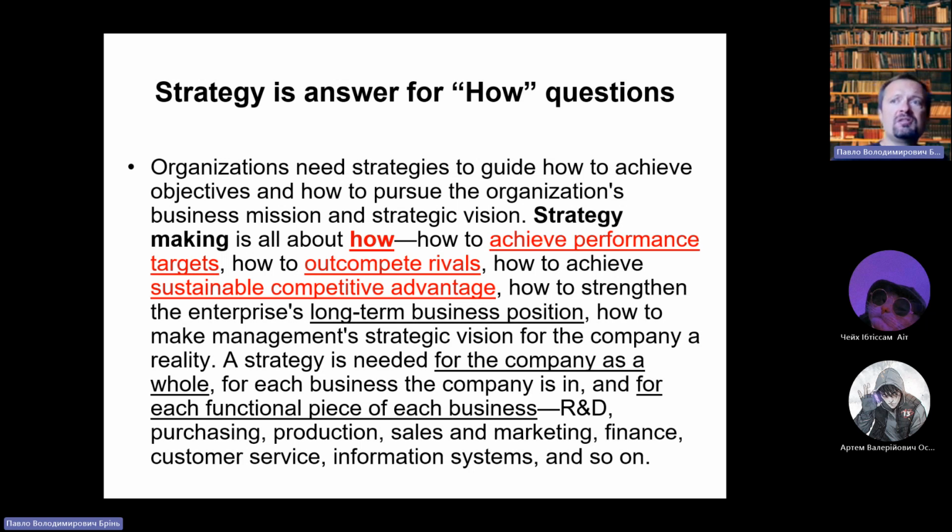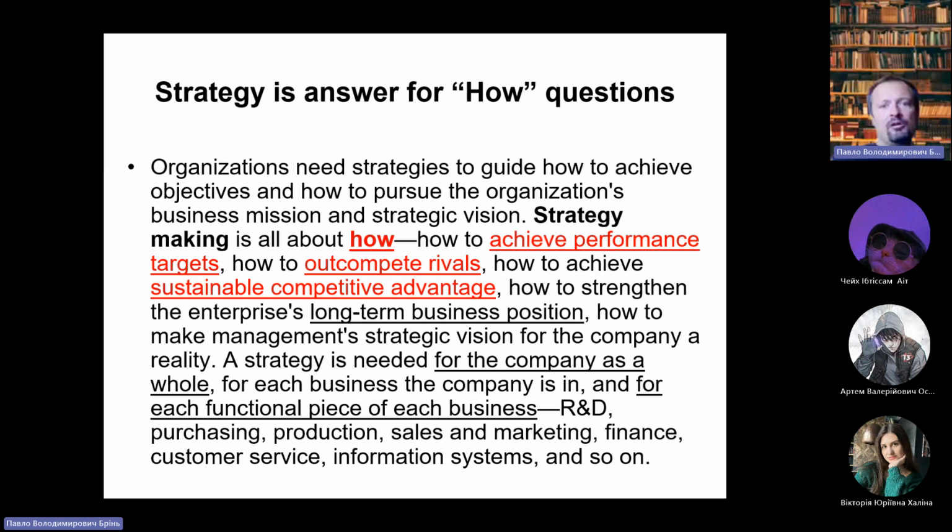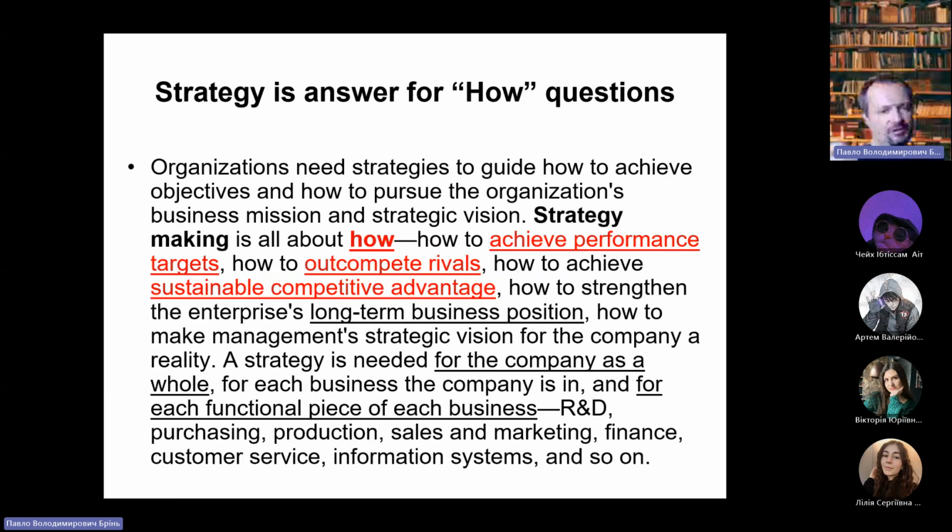And as you must remember from our previous meeting, every strategy must be based on the sustainable competitive advantage. It means that we have to provide our products and services with some additional value for customers compared with our rivals. And if we do so, we will sell our products and services, and we will have our profit. This is the general logical chain of strategic management.